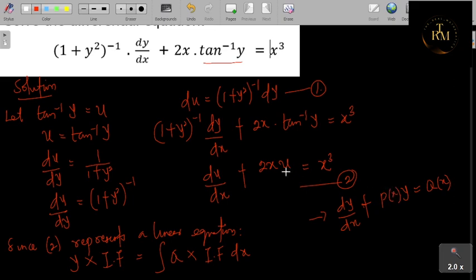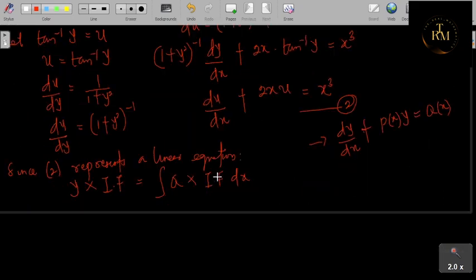The p(x) represents the 2x. And y represents the u in this case, and dy/dx represents du/dx. And the integrating factor, let me mention that, is the exponential of the integral of p(x) dx.